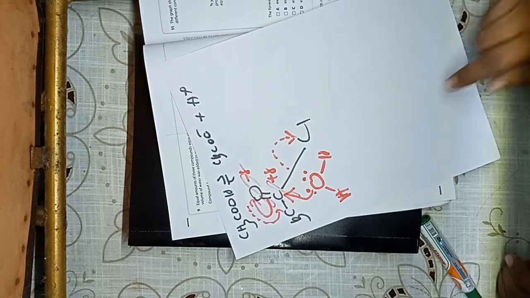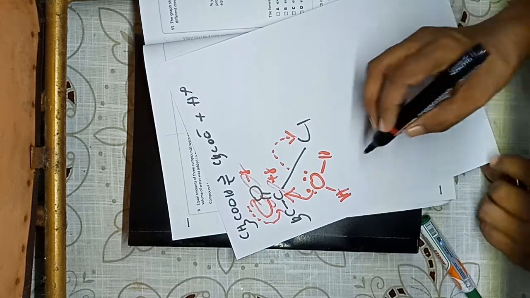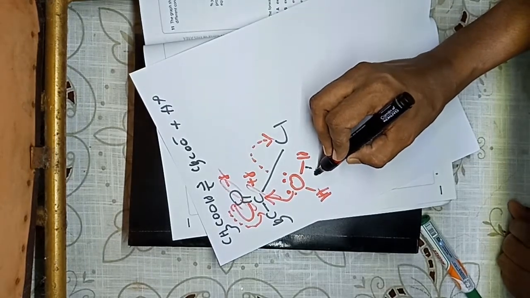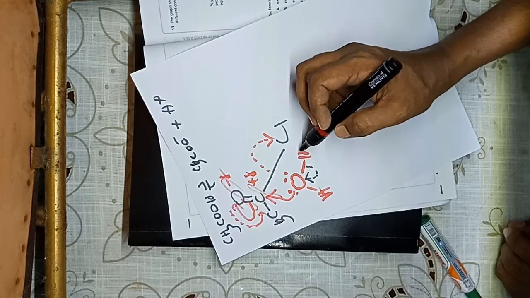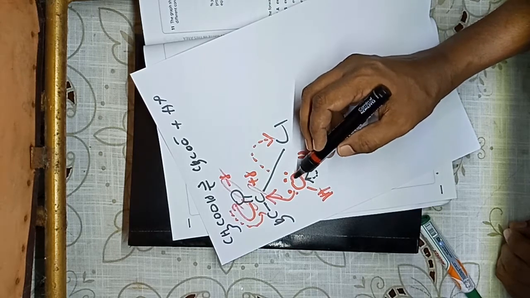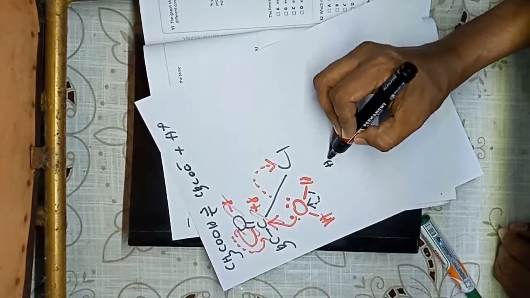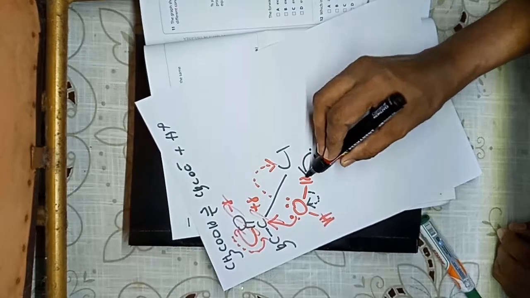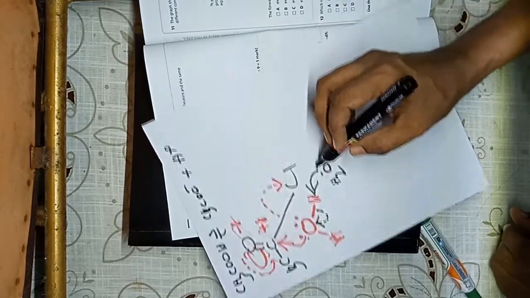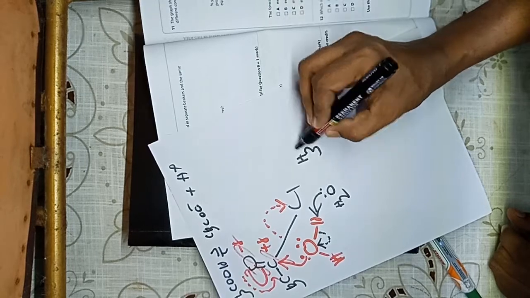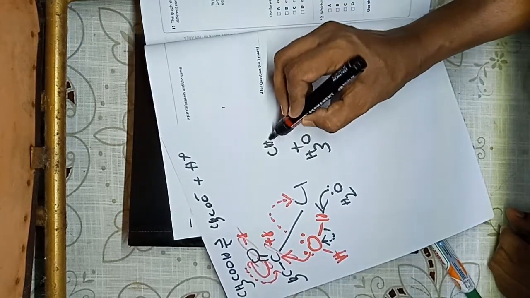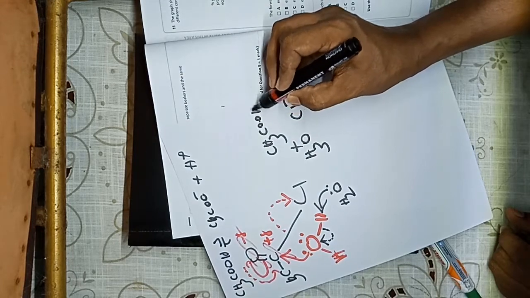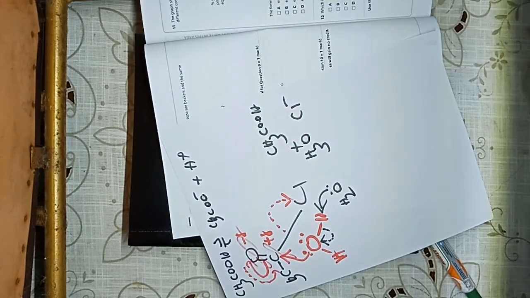Then the chloride ion is liberated to the medium, and thereafter water will undergo deprotonation to counteract the positive charge gained by it, and another water molecule will welcome the given out H plus to form H3O plus. Therefore, in the final solution, H3O plus, Cl minus and CH3COOH should be present.